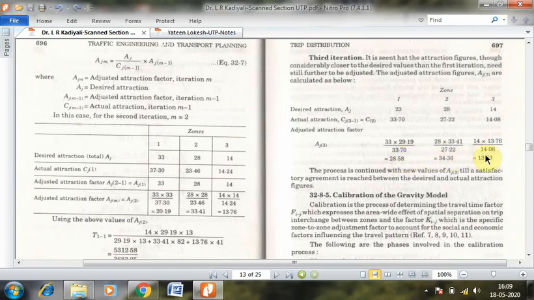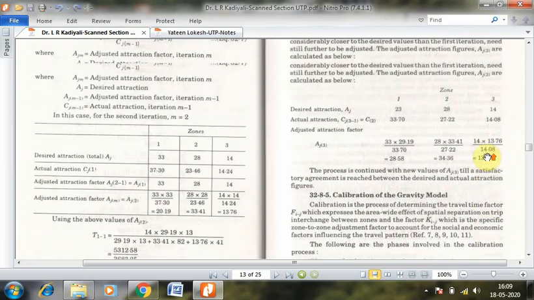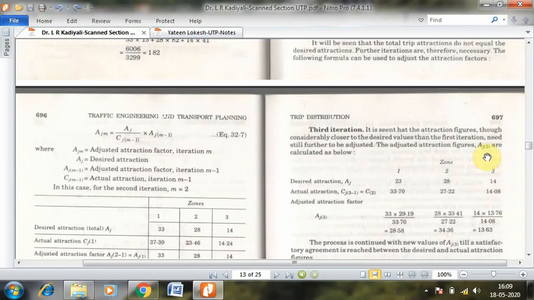On similar grounds you will have to do the other calculations as well, and then you will be getting the new Aj values. Once you have got the new Aj values, you will have to again repeat the whole process like the way we did in iteration 2 and so on, till you are satisfied that the distribution is being done properly. Normally this kind of problem can be asked in the examination possibly till first or second iteration, because as you keep on continuing the iterations, the solutions will be much better than the previous step.